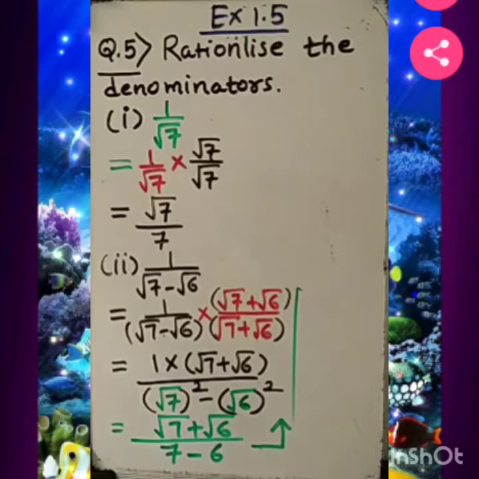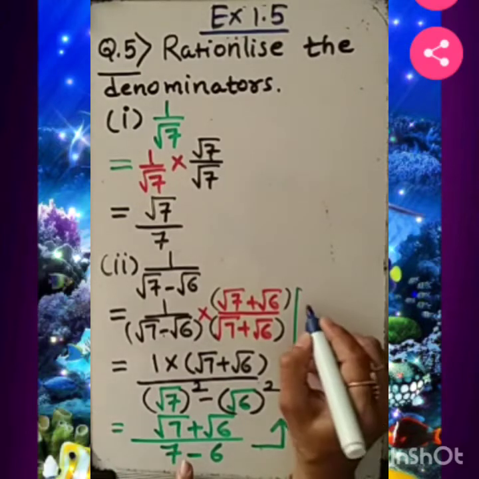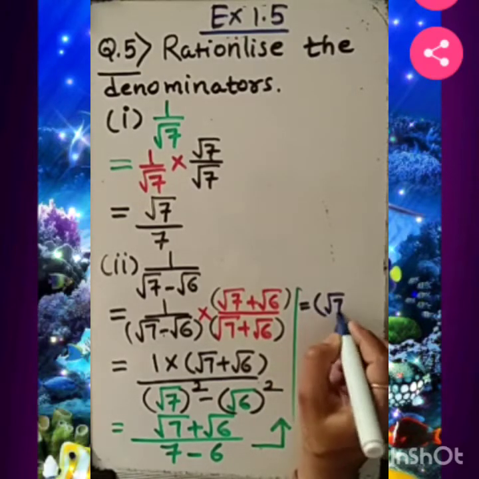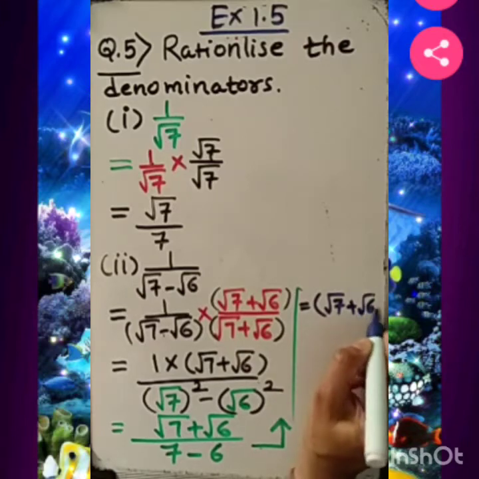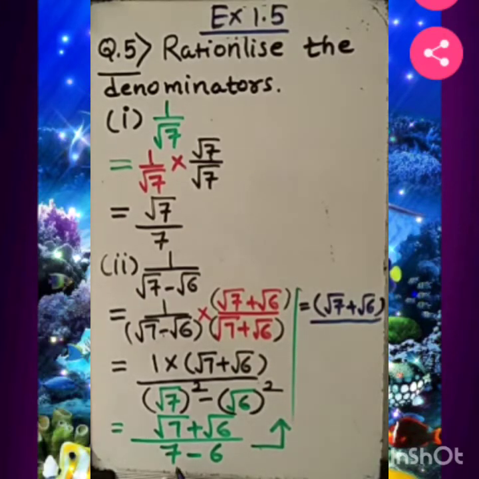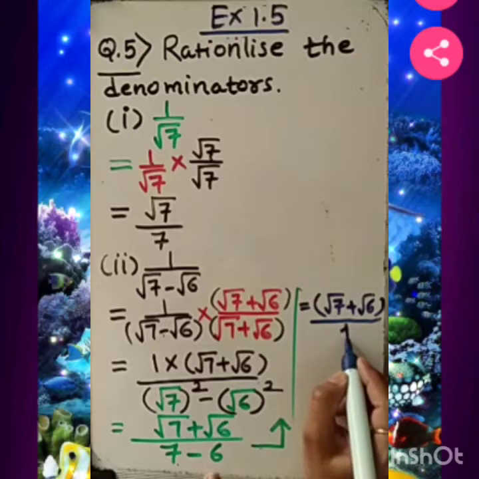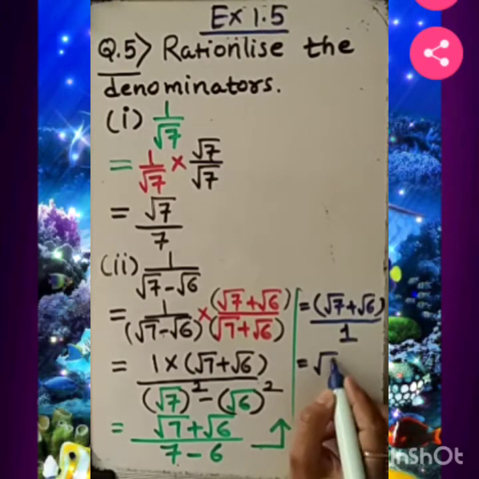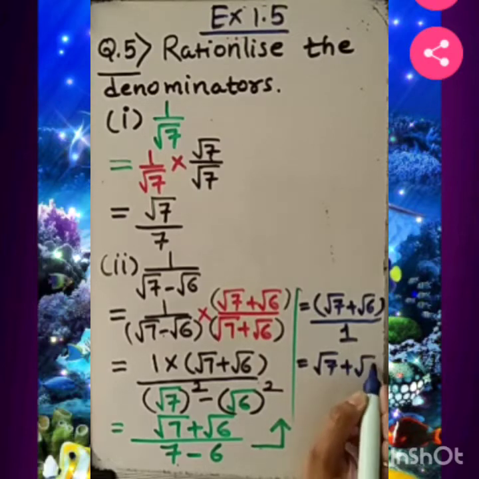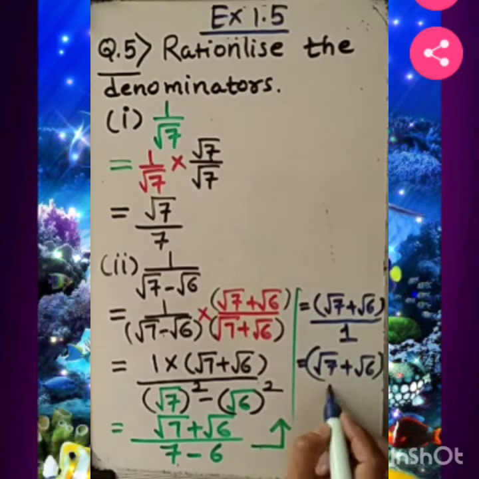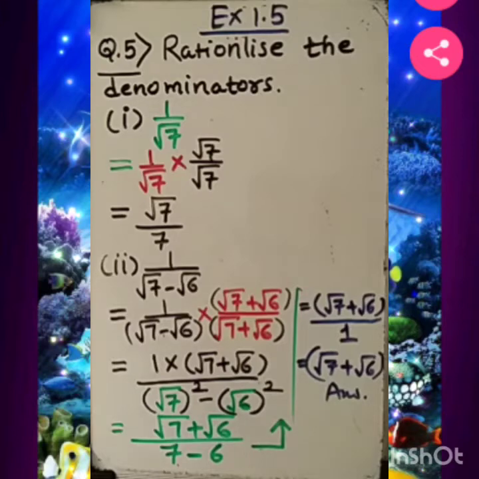Just observe, in the numerator we have under root 7 plus under root 6. Right? And in the denominator 7 minus 6, which means 1. When we divide any number by 1, it gives the same result. So this is the final answer of this solution. Clear to you?